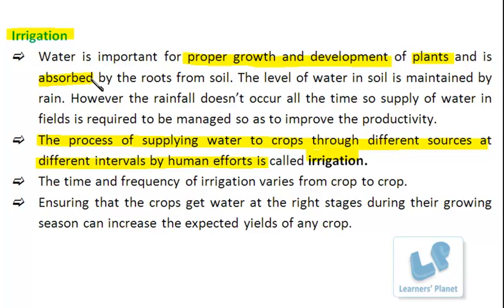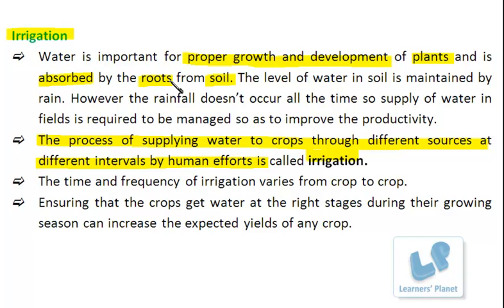So actually what happens, the soil has the water, and the root part of the plants has tissues which are able to absorb the water from the soil. Xylem tissue is there, right? So that xylem tissue will absorb the water present in the surroundings, and it will then supply it to the upper part of the plants.